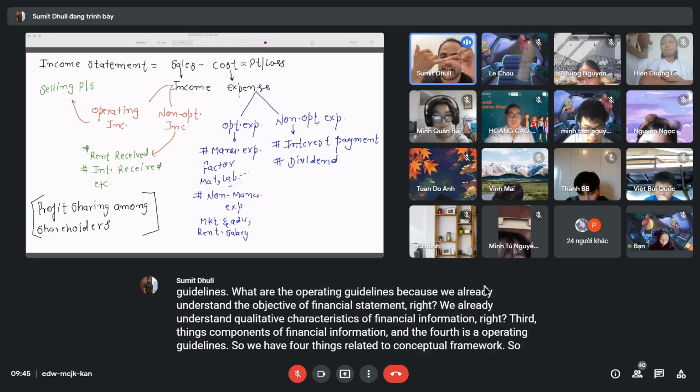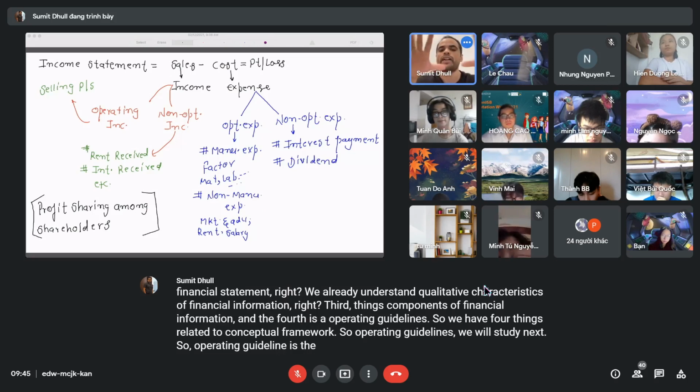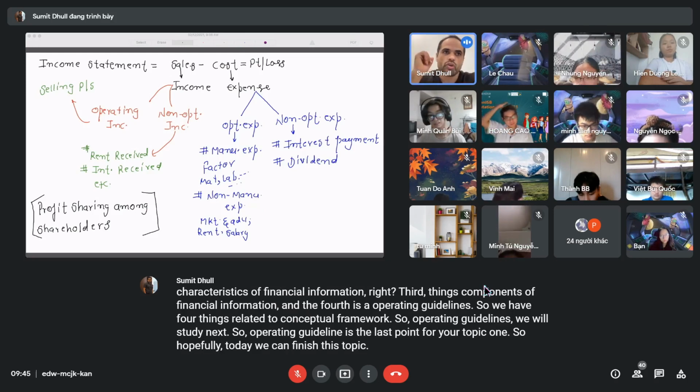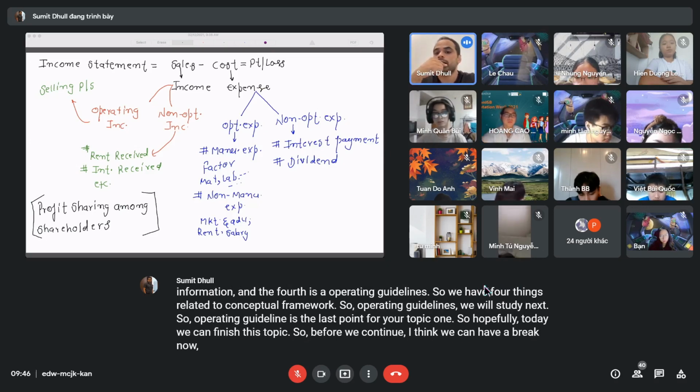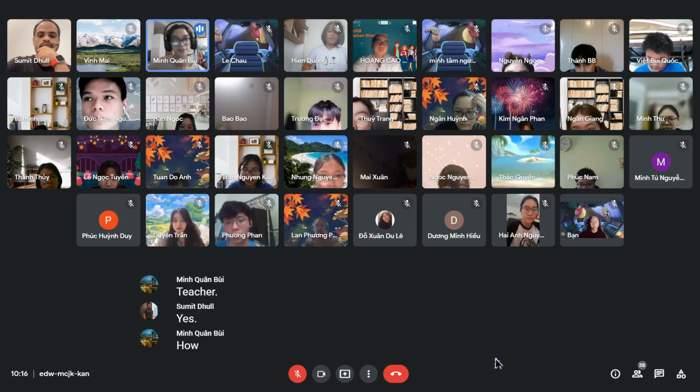Operating guideline is the last point for your topic 1, so hopefully today we can finish this topic. Before we continue, I think we can have a break now. And after break, we will start with operating guidelines.